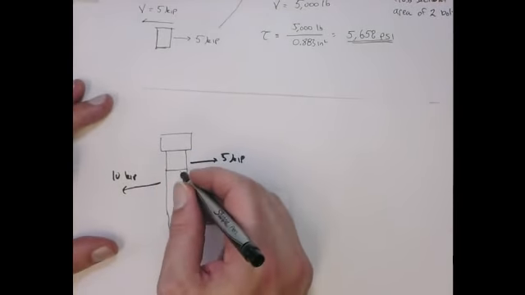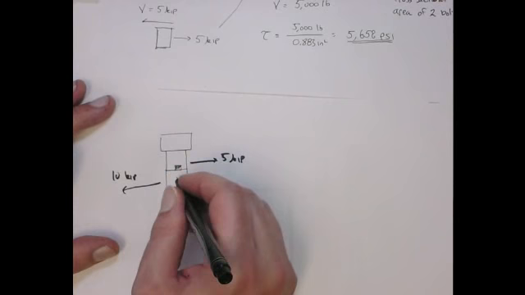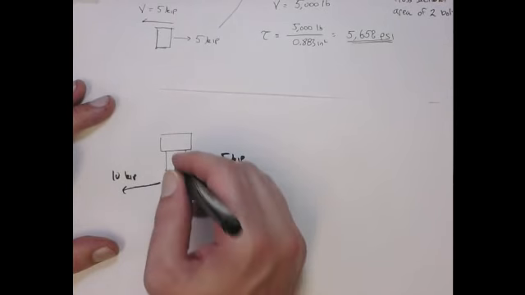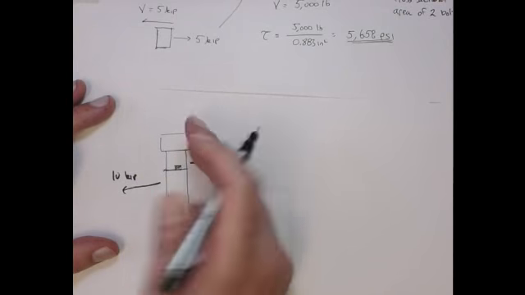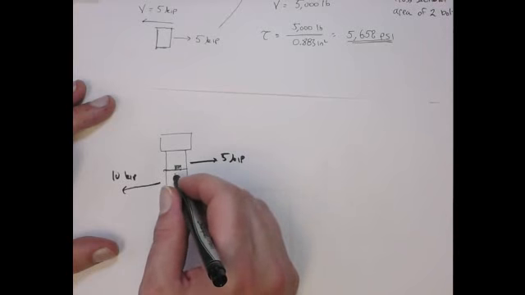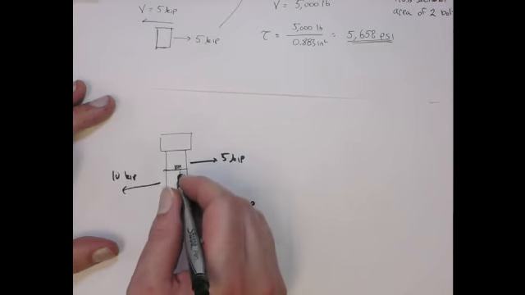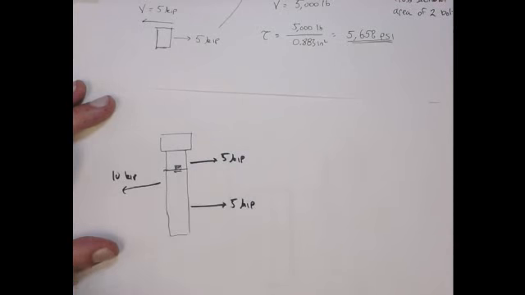So if we take a cross-section here, and look at a little element of material here, from the top side, the top half of the bolt, there would be a shear force acting in this direction on that little chunk of material.